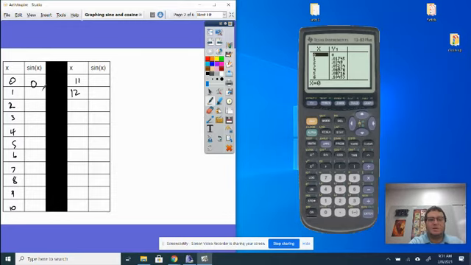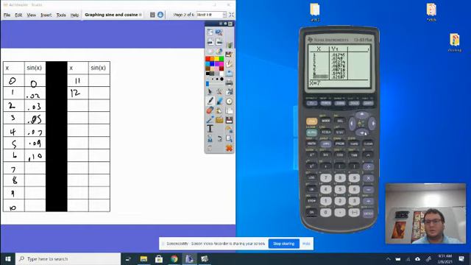So we've got 0, 0.02, 0.03, 0.05, not going up by a whole lot, 0.07, 0.09, 0.10.